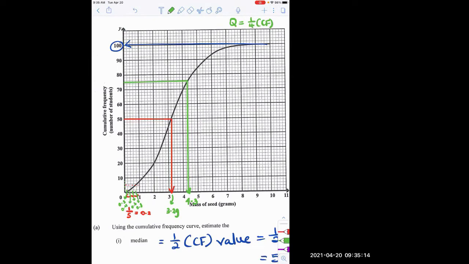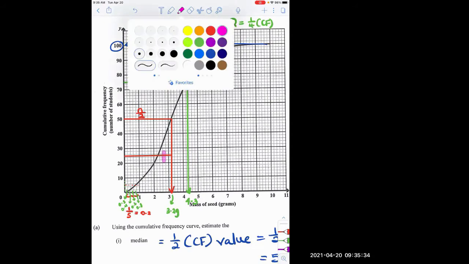So we want to find 1/4. So here is n over 2. This is 3/4 of n. So 1/4 would be 25, midway between 24 and 26.